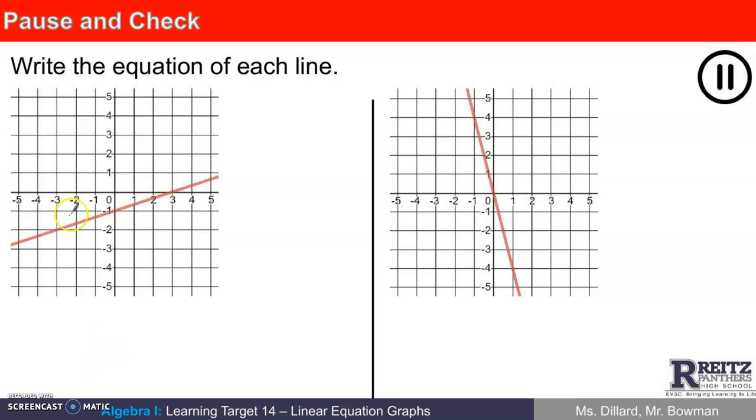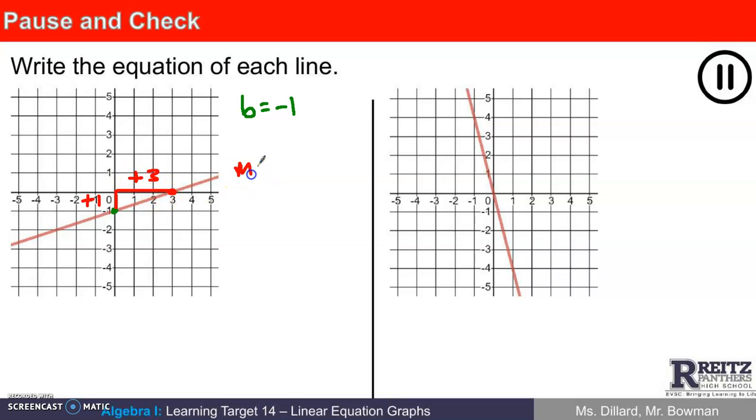This first line graph we're looking at crosses the y-axis at -1. So I know that b will have the value -1. If I think about finding the slope, I need to find a couple of points to use. I'll use this one and 3, 0. And I'll see that I need to go up 1 and then right 3.